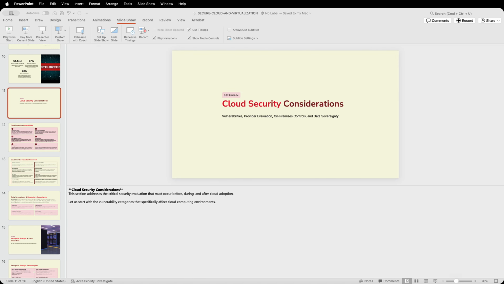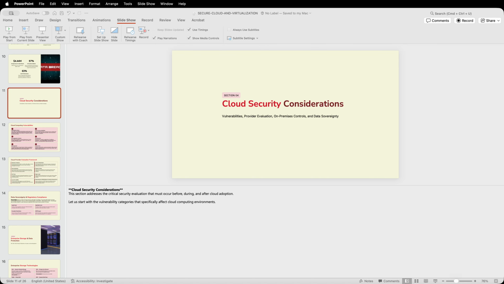Because cloud services are accessible from any location, the authentication layer becomes the primary defense boundary. Implementing multi-factor authentication, certificate-based device authentication, conditional access policies, and continuous session validation are essential countermeasures.